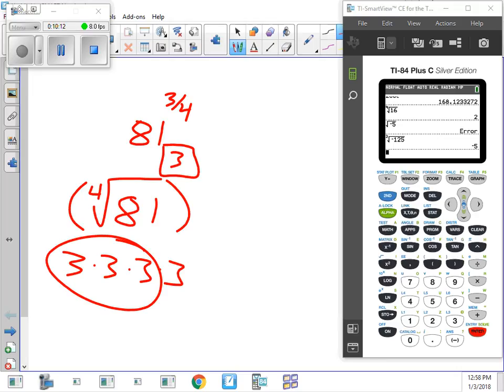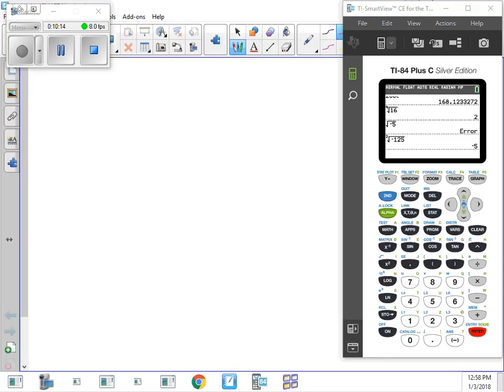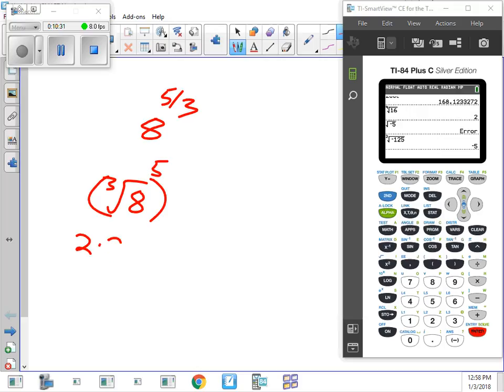Okay. What if I had 8 to the 5/3? In radical form, that would be the third root of 8 to the 5th. Can 8 be split into 3 equal multiplications? 2 times 2 times 2, and my answer contains 5 of them, times 2 times 2. That would be 32.